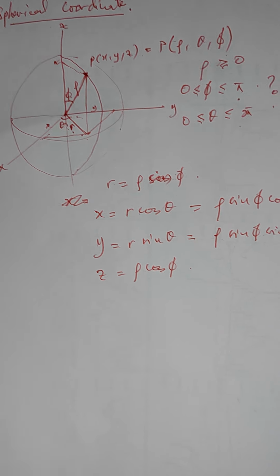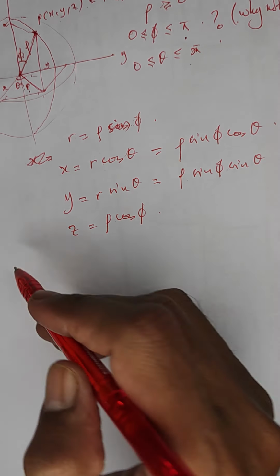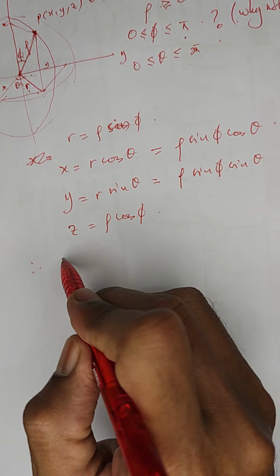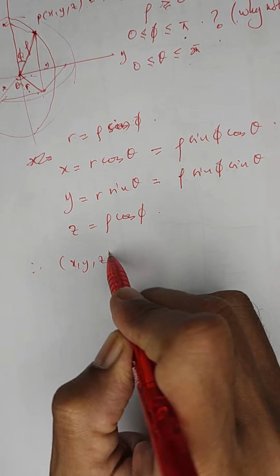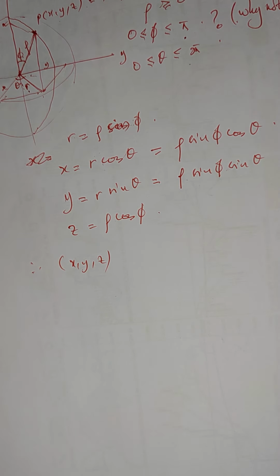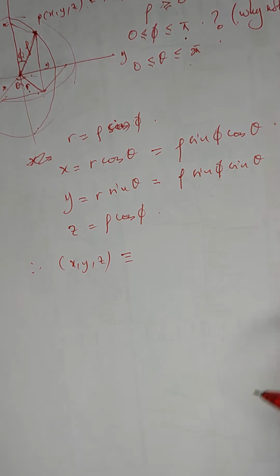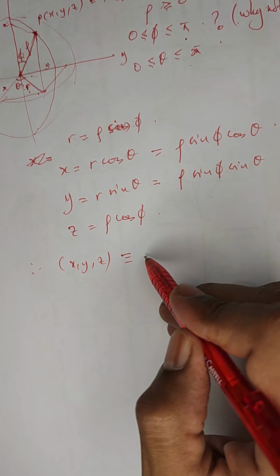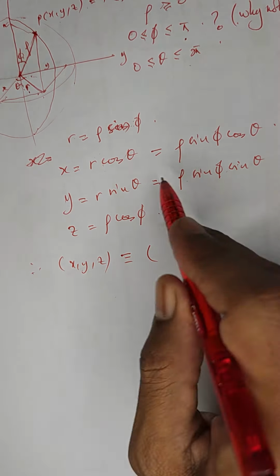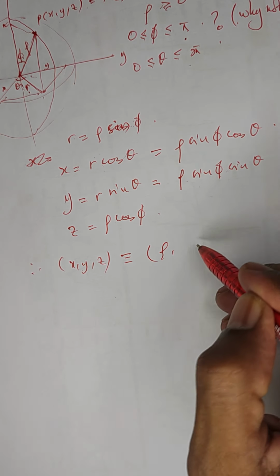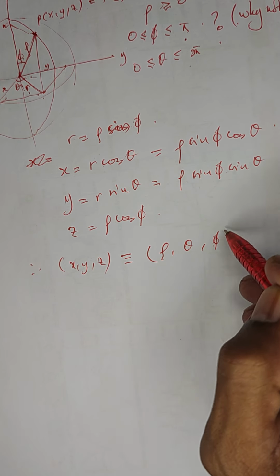Therefore the point x, y, z in Cartesian or rectangular coordinates can be written in spherical coordinates with the representation of rho, theta, and phi.